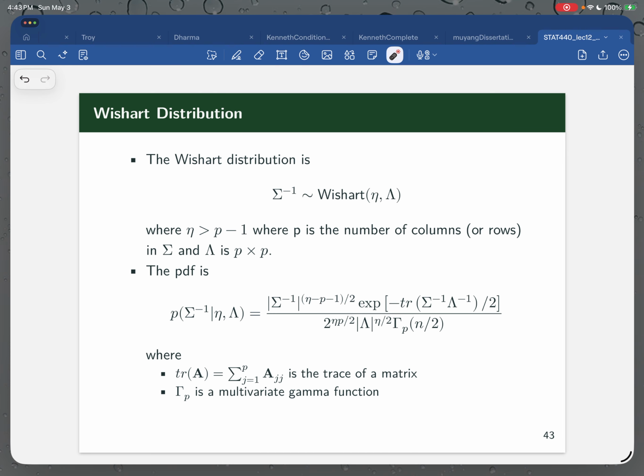This is just a PDF. And the way a PDF works is it has some parameters that are fixed, and then it's a function of the argument that you put in, which in this case would be a matrix. So if you fixed eta and you fixed lambda, you could plug in different sigmas, or sigma inverses, in here, and it would give you different values.